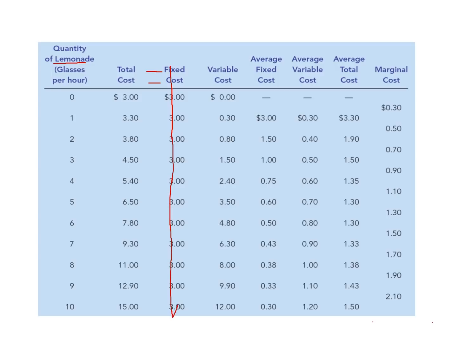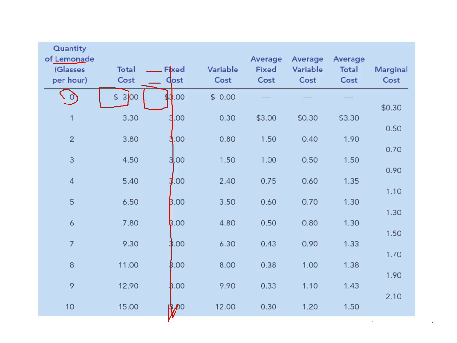There's a fixed cost of $3. That means if you produce no lemonade at all, you still have a total cost of $3. That might be the investment in your equipment for making the lemonade, for example.